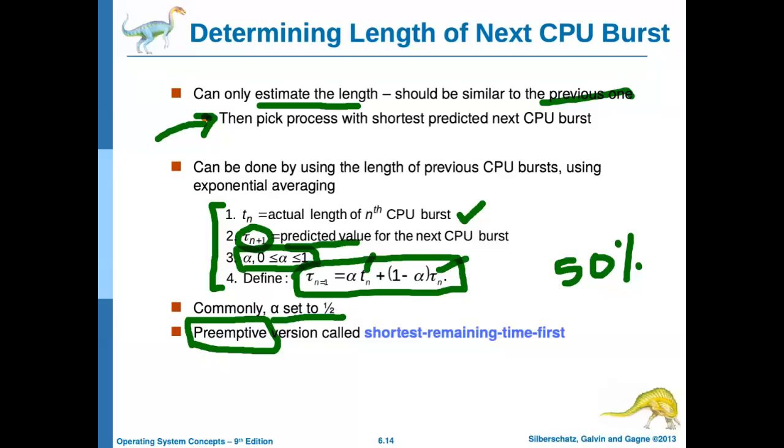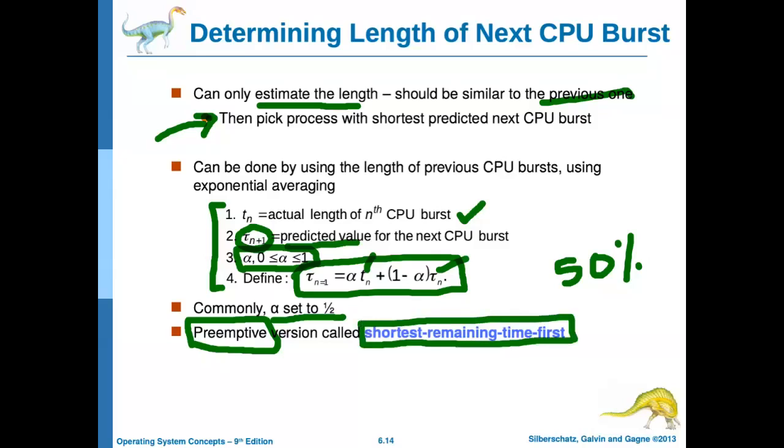This variant of SJF is called SRTF, shortest remaining time first. And remember here, what we are saying is remaining time. Remaining time is what? If a process is not at all selected for execution, remaining time is the complete CPU burst.